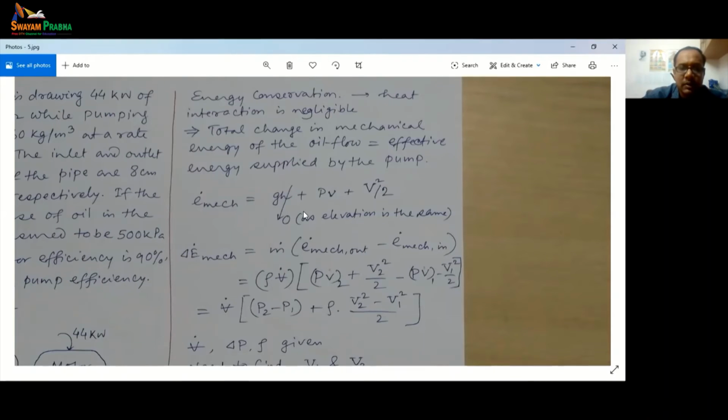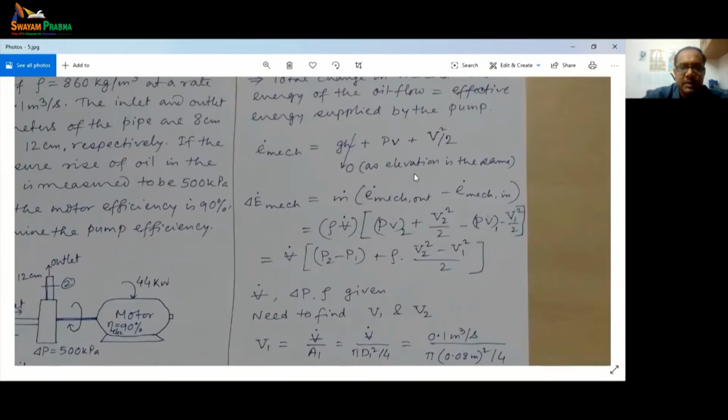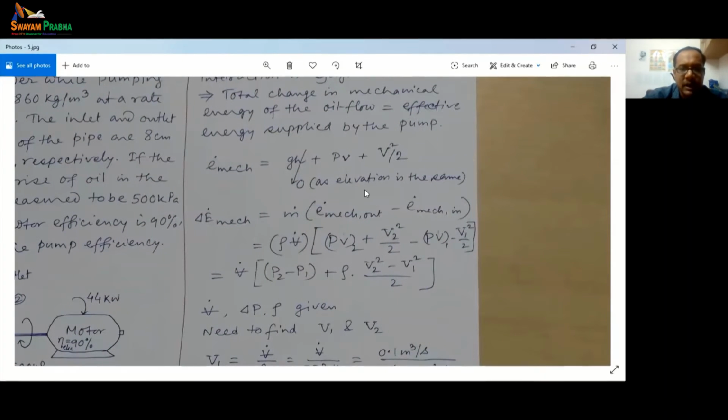Coming back to the mechanical energy content of the flow: gh plus P times specific volume, that's the pressure energy, plus the kinetic energy, that's velocity squared by 2, per unit mass. Now for this particular problem, the elevation change made by the pump is negligible, so this gh term we don't have to consider at all.